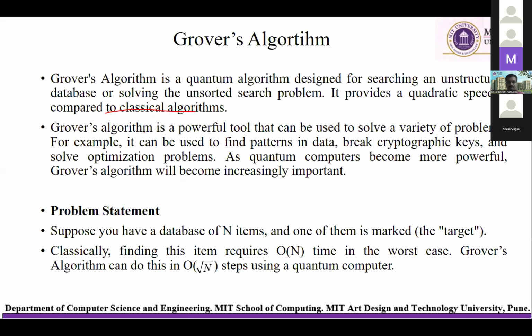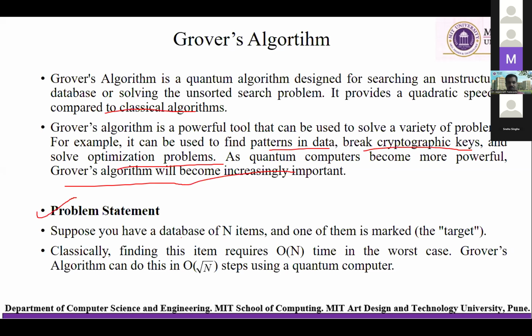Grover's algorithm is a powerful tool that can be used to solve a variety of problems. For example, it can be used to find patterns in data, break cryptographic keys, and solve optimization problems. As quantum computers become more powerful, Grover's algorithm will become increasingly important.